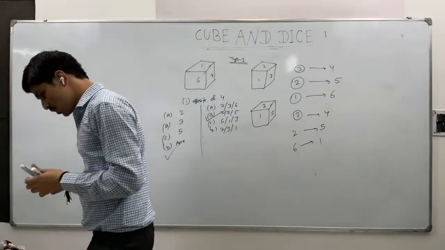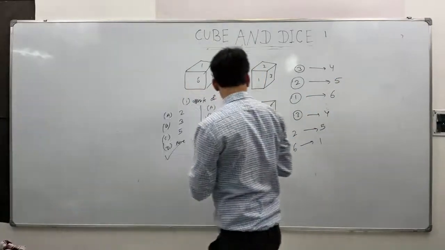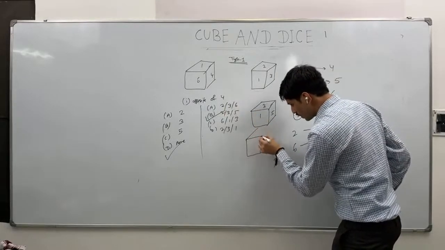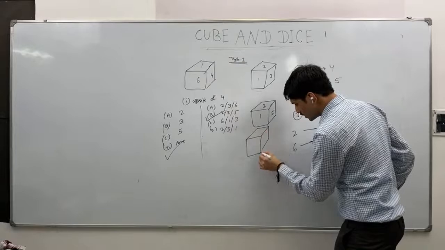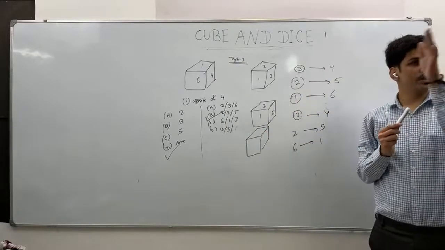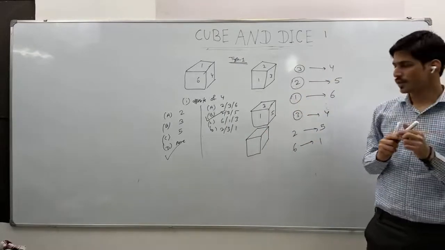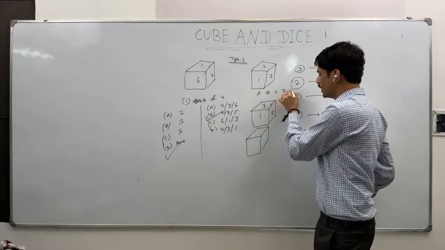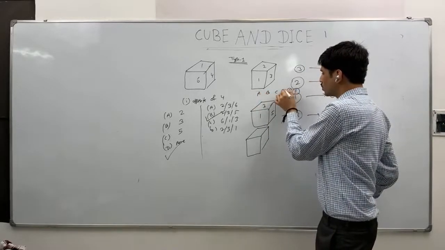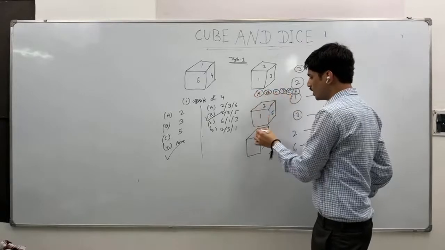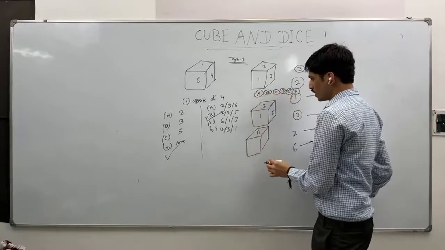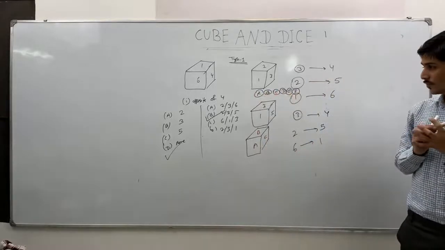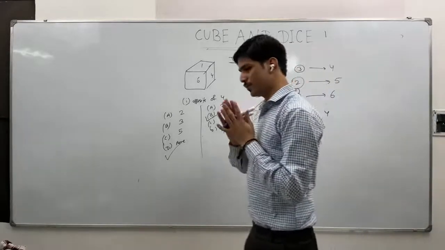Now I'll ask you one more question. Let's say I started giving letters A, B, C, D, E, F. So now tell me, I have letters like this: A, B, C, D, E, F. Now tell me, what will be the opposite of A?